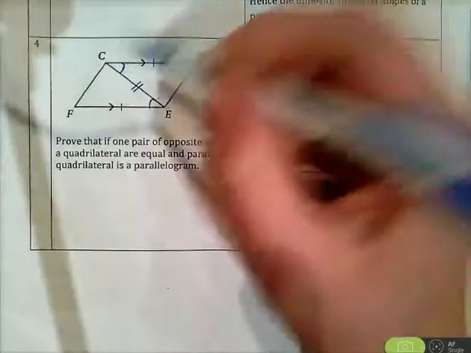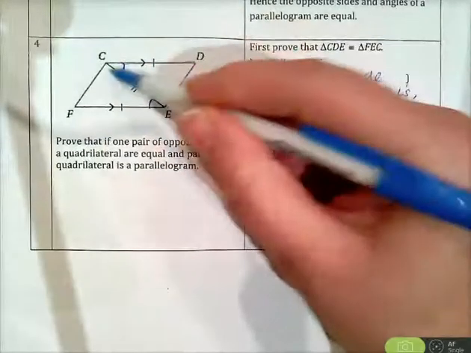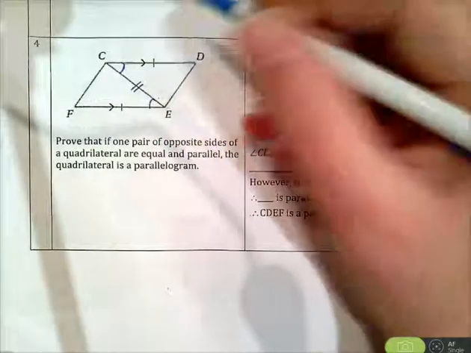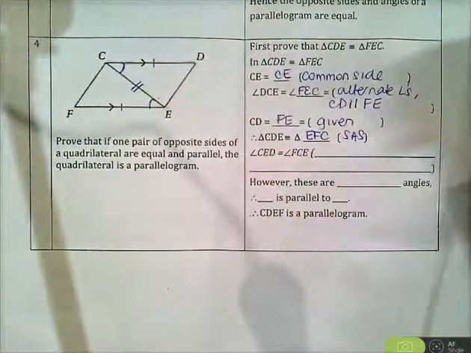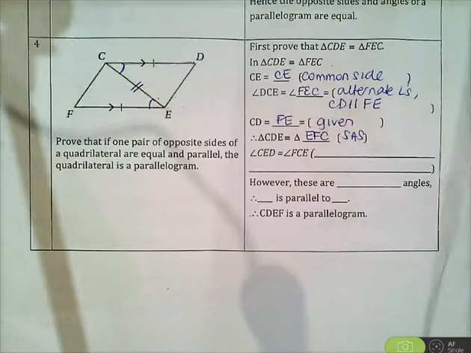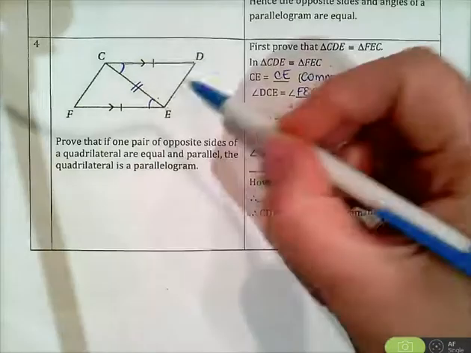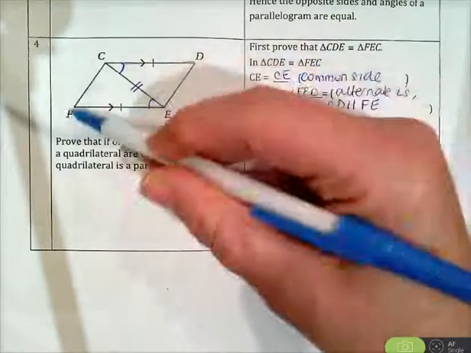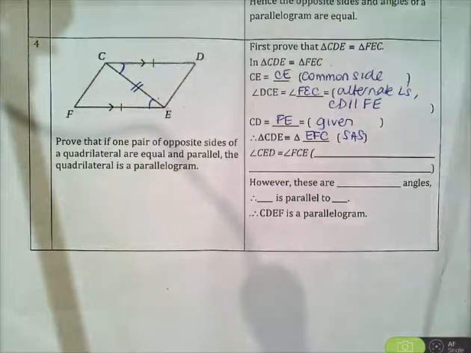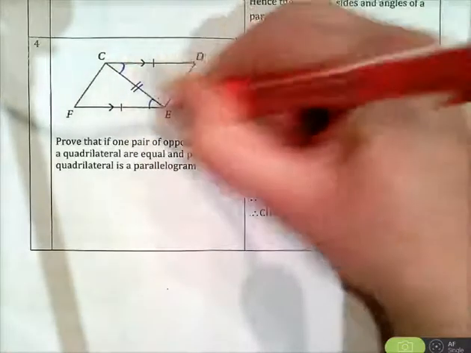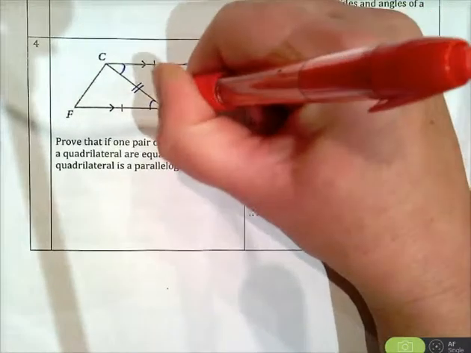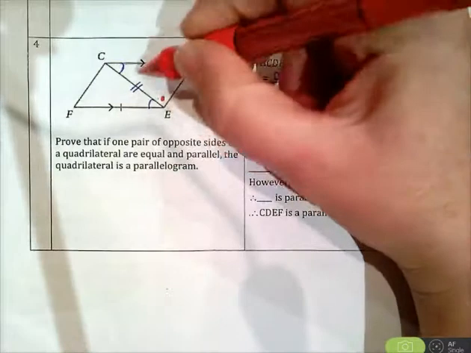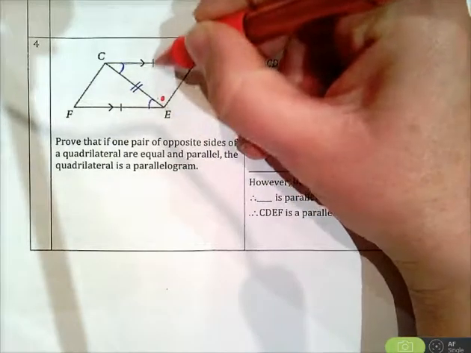Now, we've proven that these two triangles are congruent. So we can now start identifying either matching sides or matching angles. We're trying to prove really that FC is parallel to DE, and the best way to do that would be to find some alternate angles that are equal. So looking at these two triangles, I'm going to put a little dot here, and that little dot is opposite the single dash side.